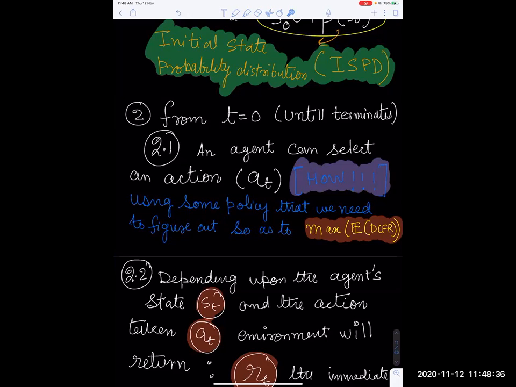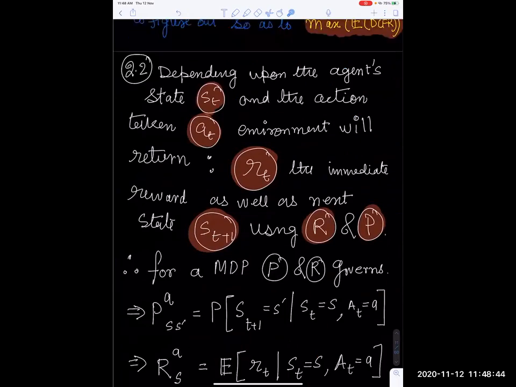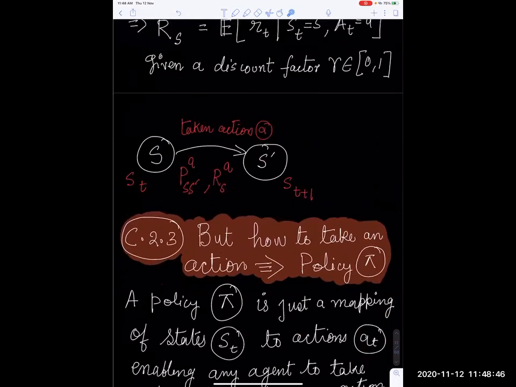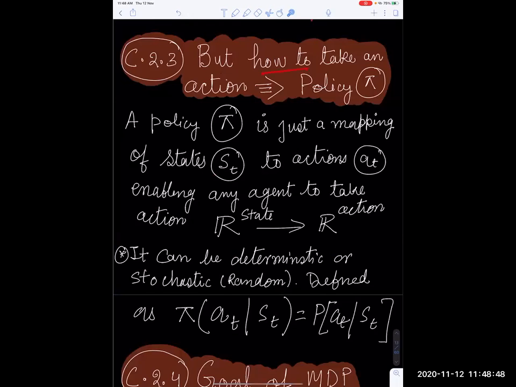And at some point of time, we need to come up with a policy which is behaving optimally. So how to take action, that is essentially a policy. Here we are denoting it using pi. A policy pi is just a mapping of states to actions.